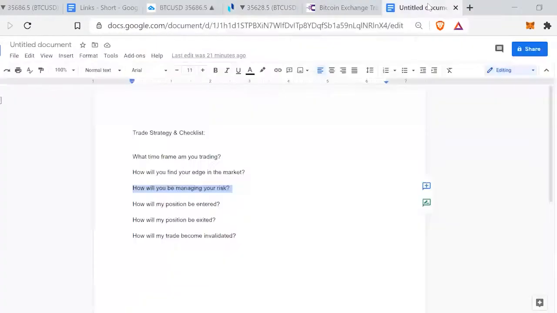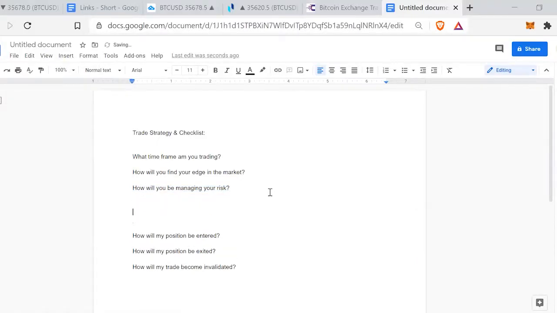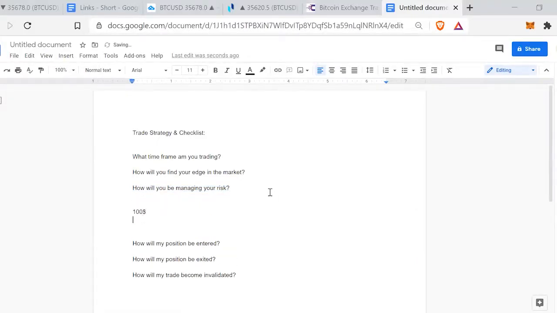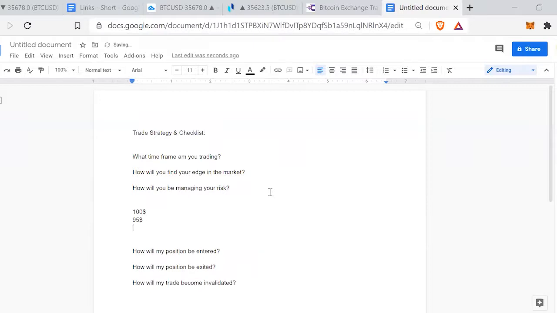So the reason that we use a number like 2 to 5% is, let's say you had $100 in your account and you lose 5%, you now have $95, right? So if you lose 5% of 95, you're actually losing less than $5 now.